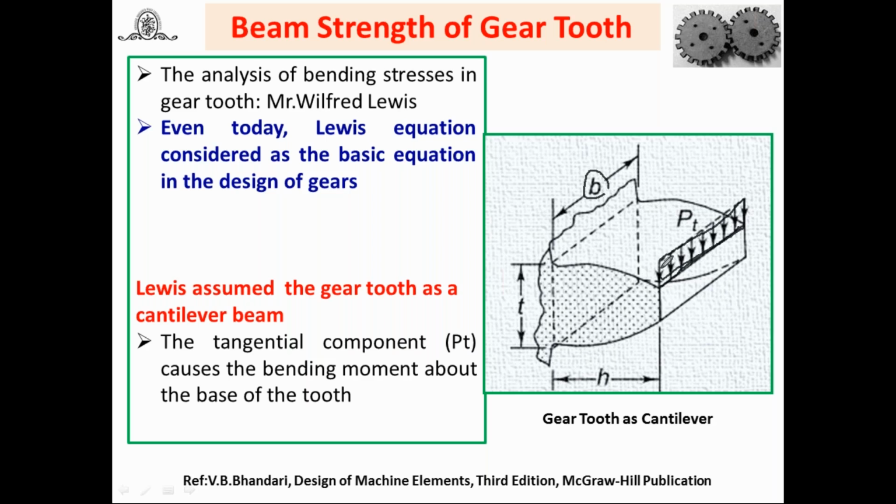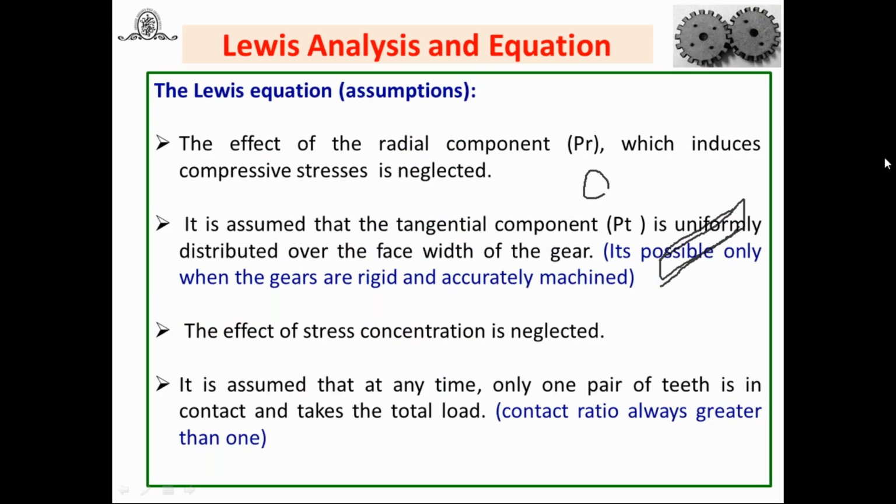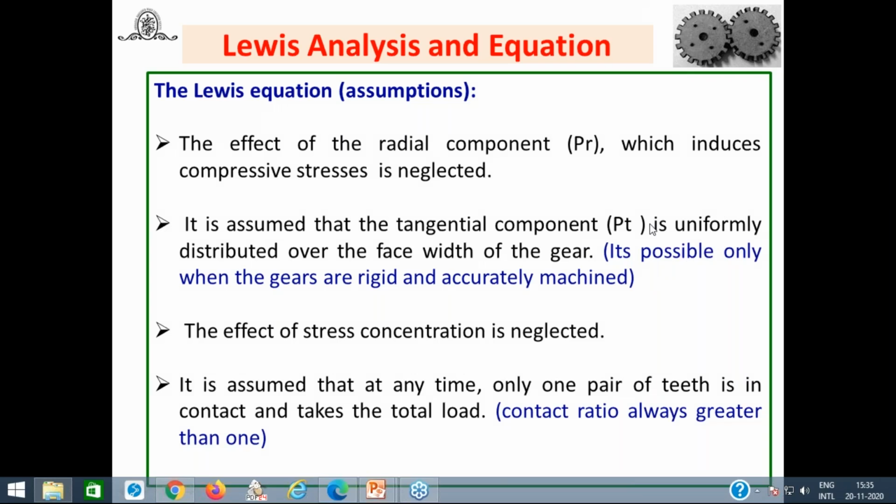This is assumed in the Lewis equation. But it is possible only when gears are rigid and accurately machined.